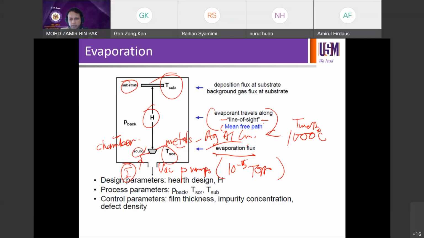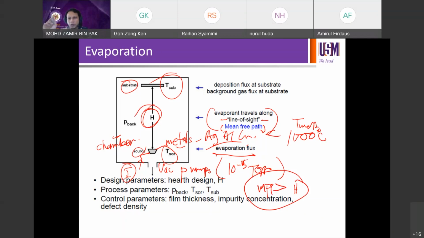In this condition, you have to ensure that the mean free path of the evaporant, the evaporated material, exceeds the separation distance. If I write it down here, MFP needs to be more than H, where H is the separation distance between the two. That means the evaporated particles need to travel longer than the separation distance to arrive on the substrate.